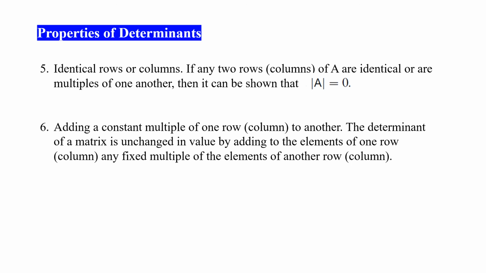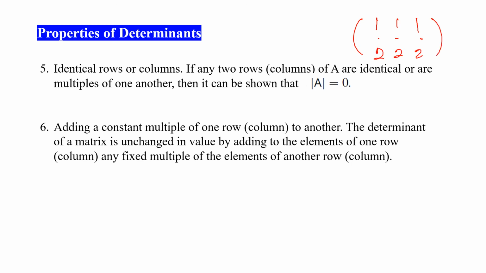Next, identical rows or columns. If any two rows or columns of A are identical or are multiples of one another, then it can be shown that the determinant of A is equal to 0. Like say for example, you have 1, 1, 1, and then dot, dot, dot, and then your third row is 2, 2, 2.